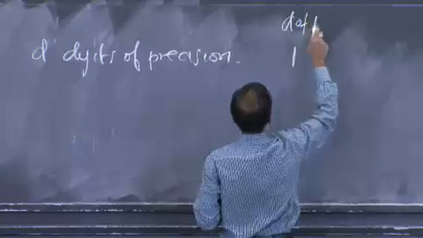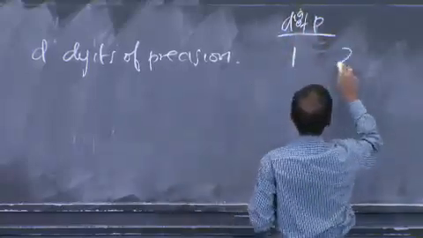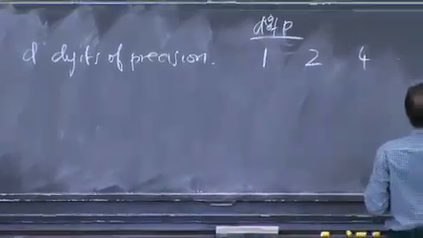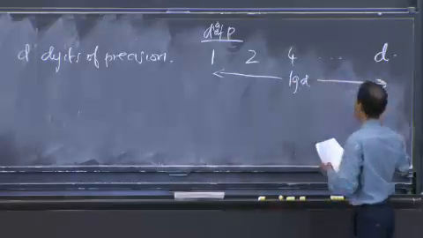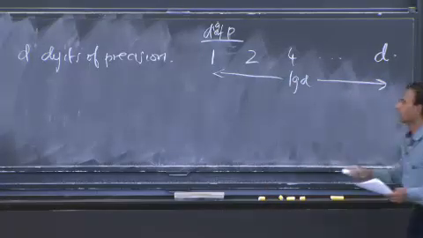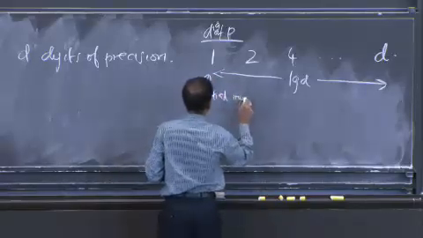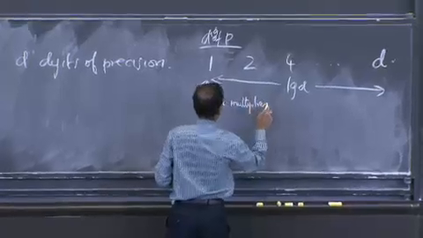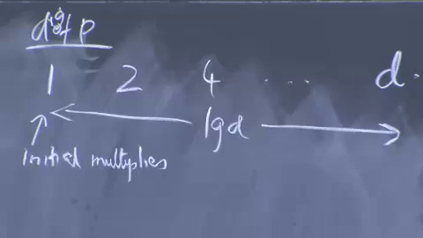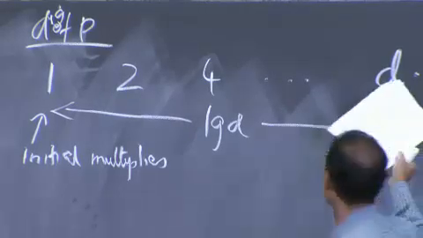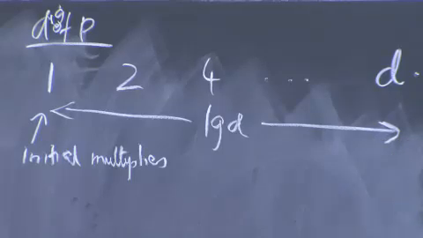So if this is sort of dig of p, I start with 1, 2, 4, and I end up with d. And our claim was that this was log d iterations. So the initial multiplies are easy. Initially you're doing constant work if you have really small numbers associated with these multiplies. It's only towards the end that you end up doing a lot more work.